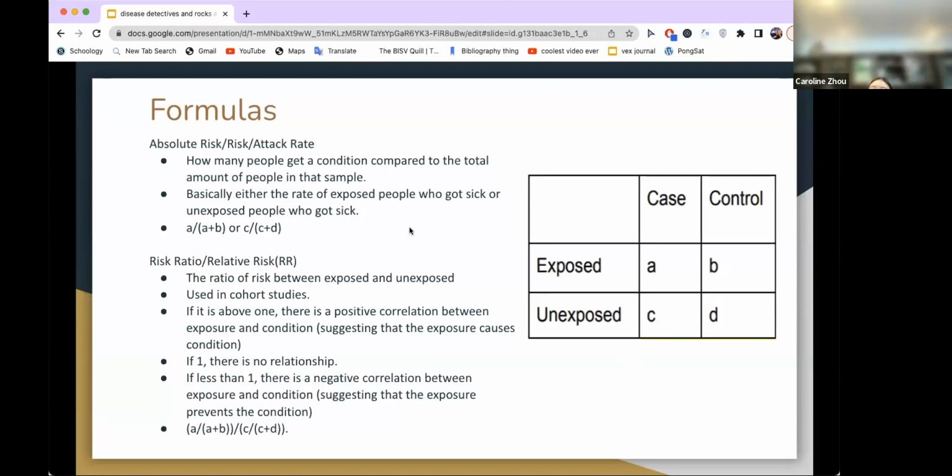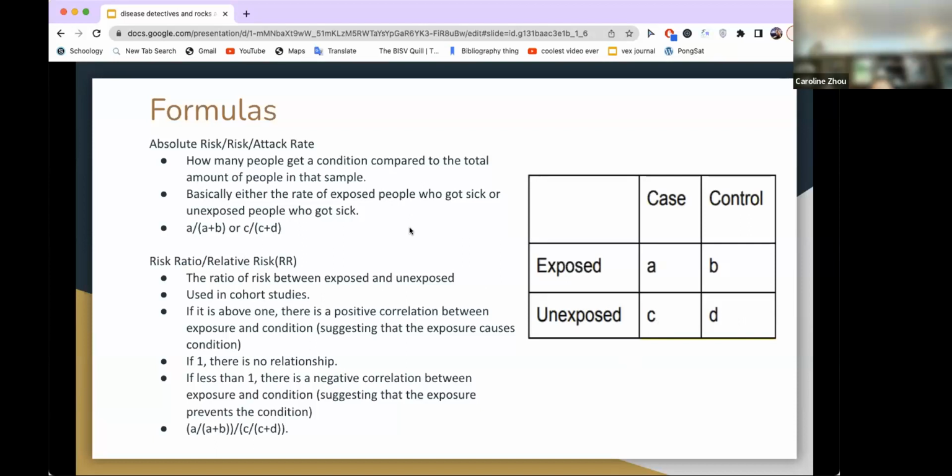There's also a risk ratio or relative risk, and it's not the same thing as just risk. It's the ratio of risk between exposed and unexposed. It's used in cohort studies, which is a type of analytical study. If it's above 1, then there's a positive correlation between exposure and condition, which basically suggests that the exposure causes the condition.